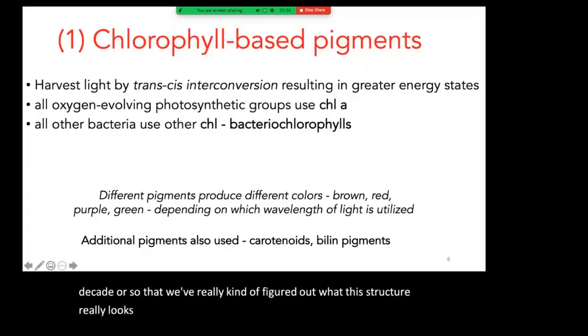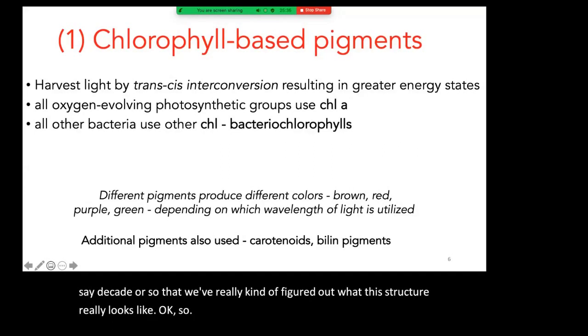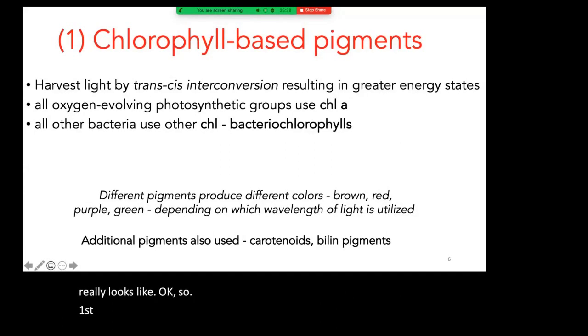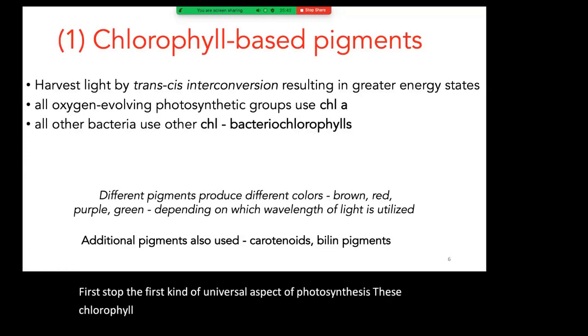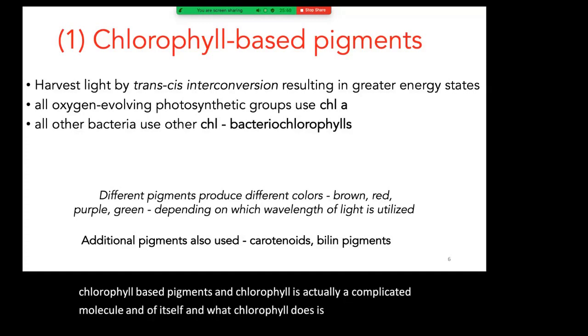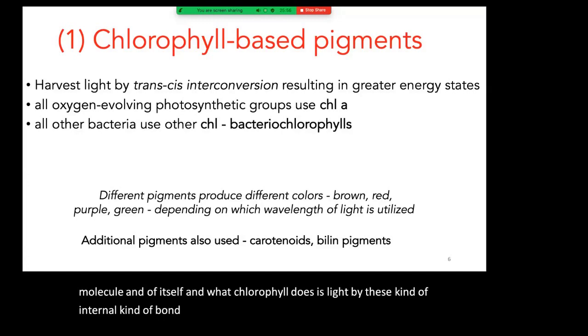Okay, so first stop, the first universal aspect of photosynthesis, these chlorophyll-based pigments, okay? And chlorophyll is actually a complicated molecule in and of itself. What chlorophyll does is harvest light by internal bond reconfigurations of the chlorophyll molecule itself.